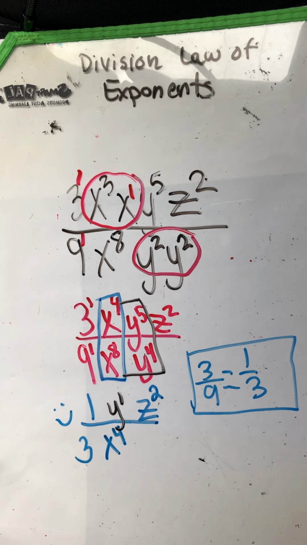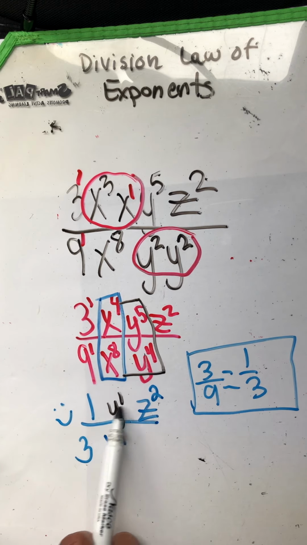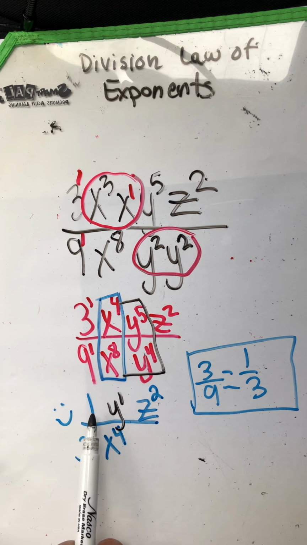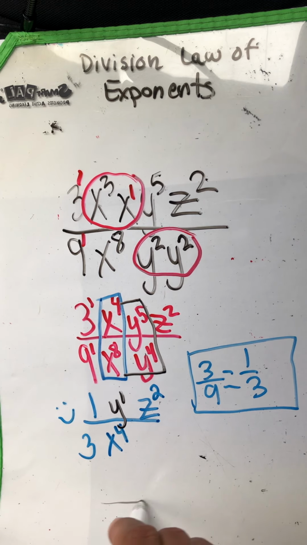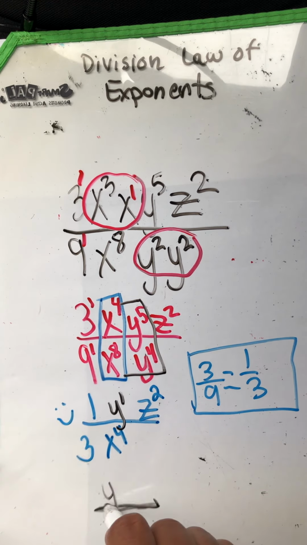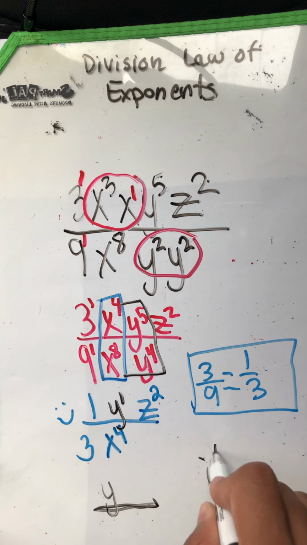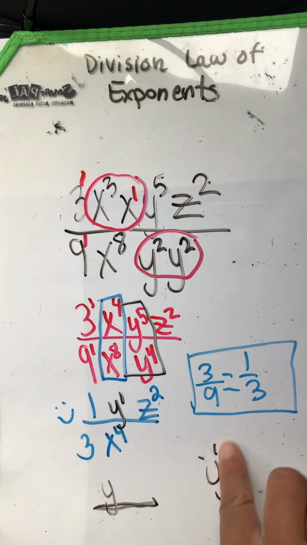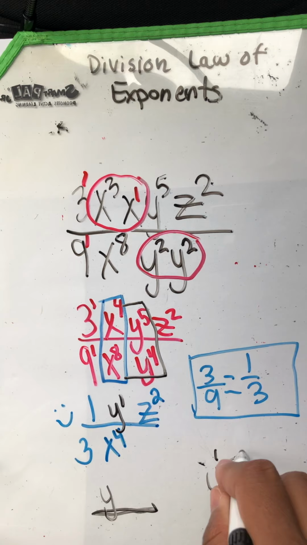Now to go from a good to a great, I'm going to get rid of any extra ones that I do not need. Do I need this 1? Well, the only time I need a 1 is if there's nothing else on the top, and I have other things up here. So this 1 can go away. Any exponent ones are not needed because y is the same thing as y to the 1.